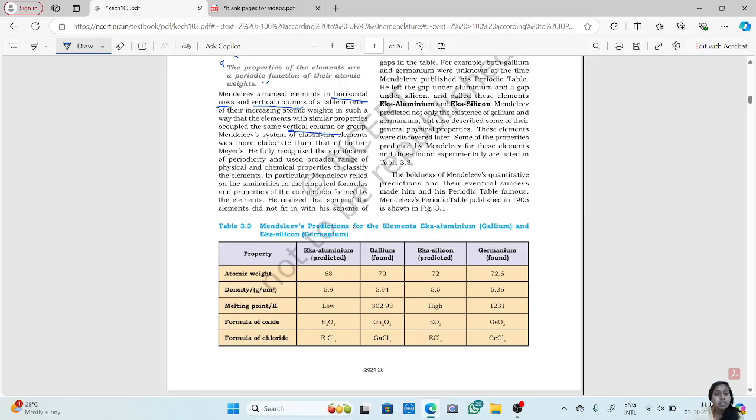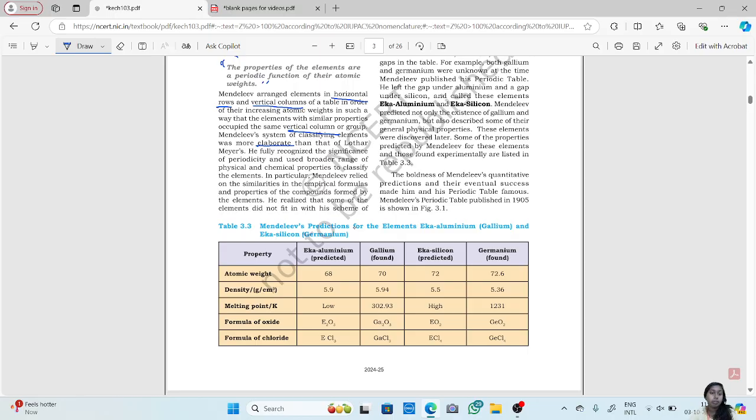Now, Mendeleev's system of classifying elements was more elaborate than that of Lothar Meyer's. Even though Lothar Meyer had prepared a table, the classification which Mendeleev gave is more elaborate and more precise than Lothar Meyer's table. He fully recognized the significance of periodicity and used a broader range of physical and chemical properties to classify the elements.